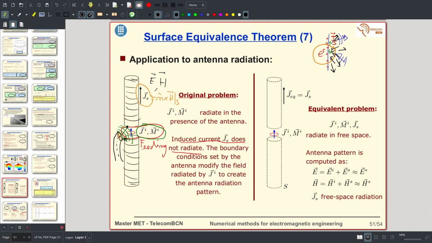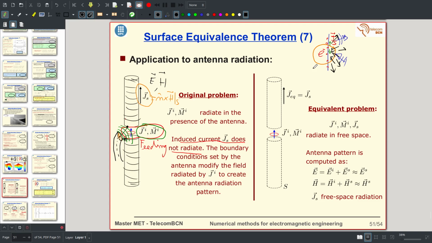So these induced currents, in fact, only re-radiate the incident field, reflect the incident field, like if it is an infinite plane, but they do not introduce power in the system. The net power crossing a surface that encloses the object is zero.